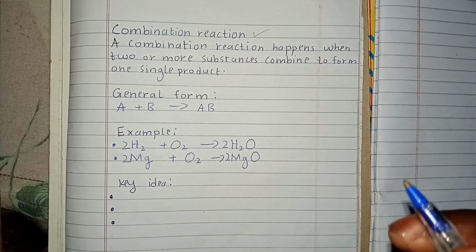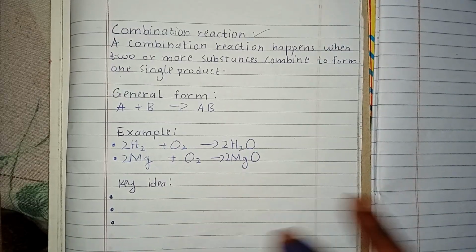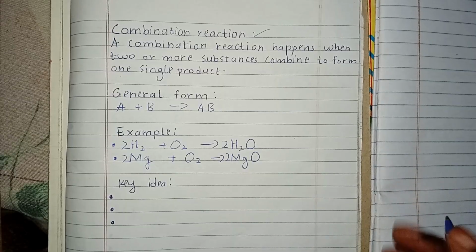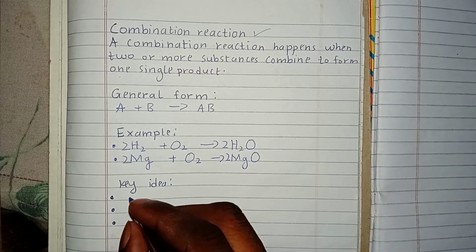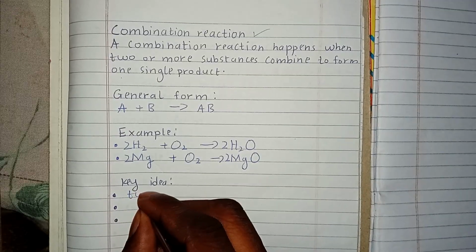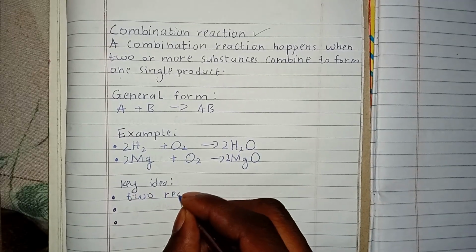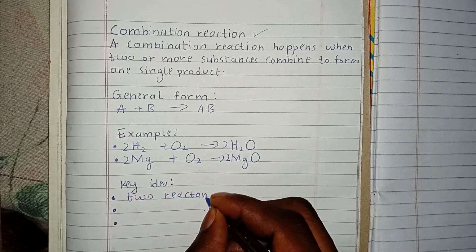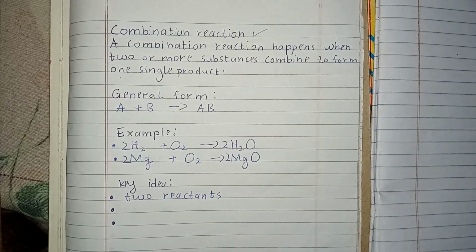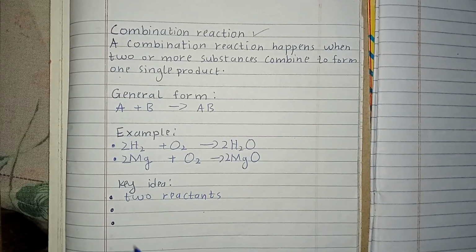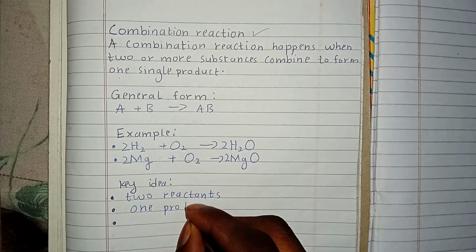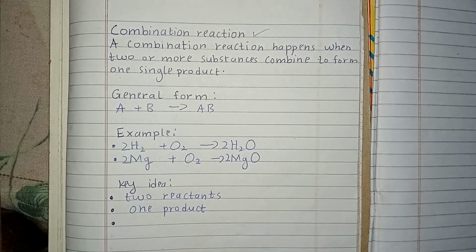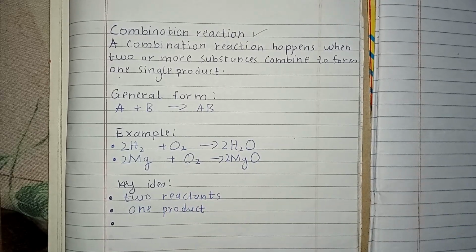So for combination reaction, these are the key ideas you have to know to identify a combination reaction. First idea, combination reaction involves 2 reactants to produce one product. Always combination reaction, 2 reactants, one product.